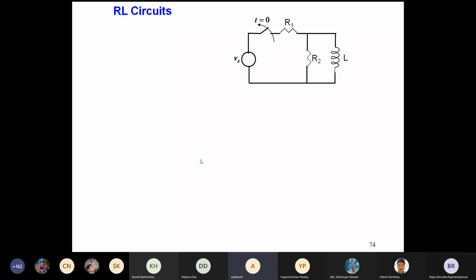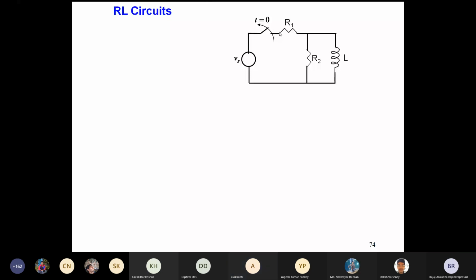So it basically means that for t less than 0, the switch was closed. If the switch is closed for t less than 0, and then the switch is opened at t equal to 0, then there can be a situation for t greater than 0. Suppose you have the time axis. At t equal to 0, the switch is opened.